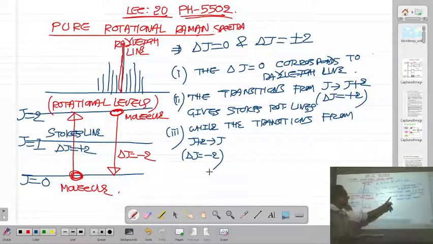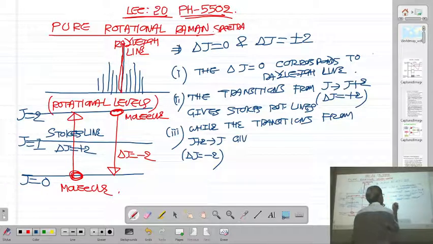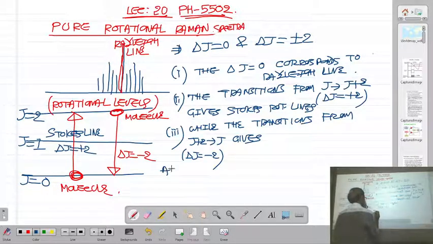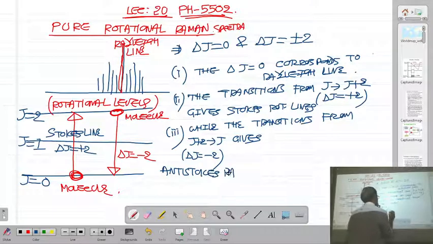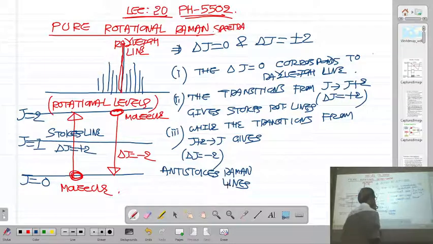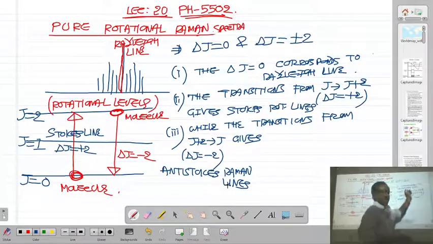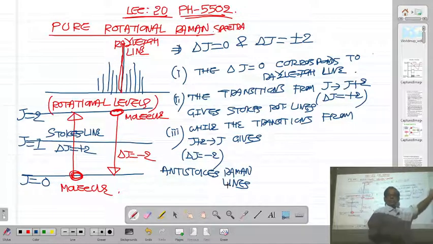The transitions from J plus 2 to J, value of delta J minus 2, give anti-Stokes Raman lines.